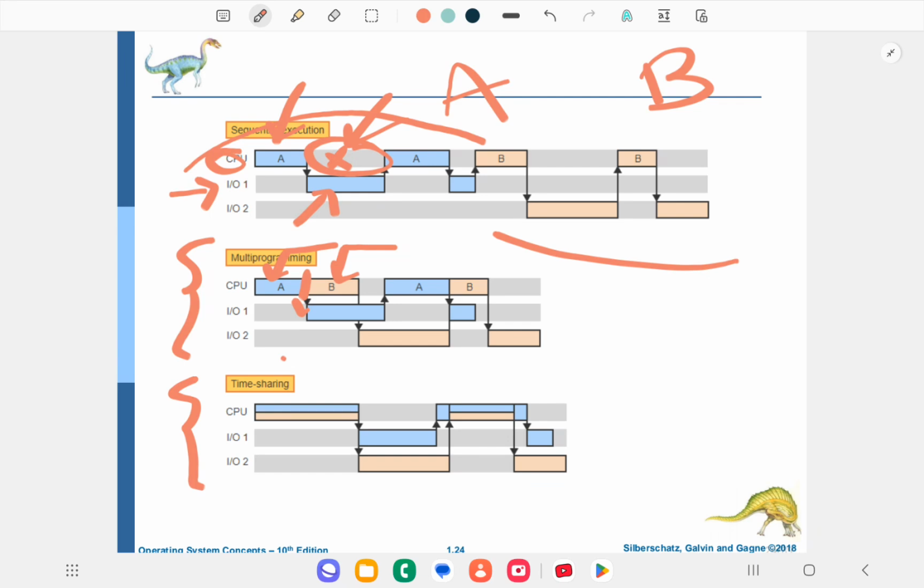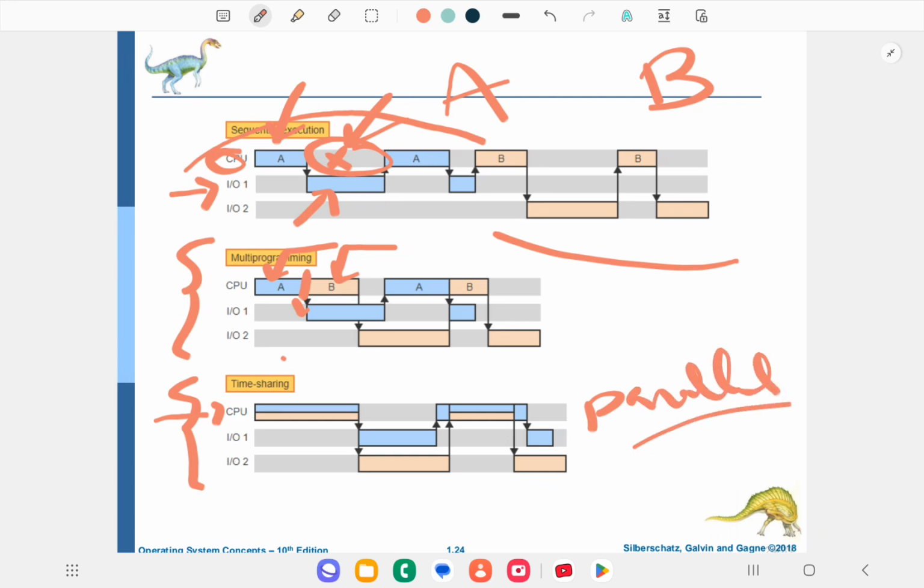The idea there is we still have A and B in this system, and you can see that the CPU is trying to switch between A and B so frequently and so rapidly that we are given the illusion that A and B are executing in parallel.